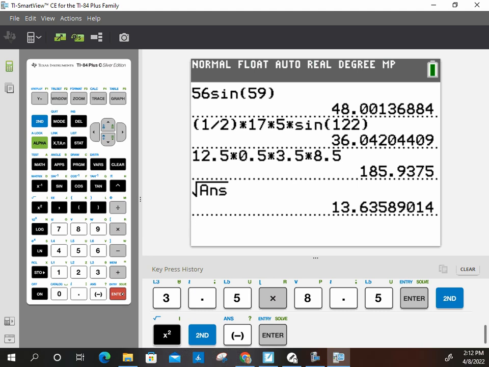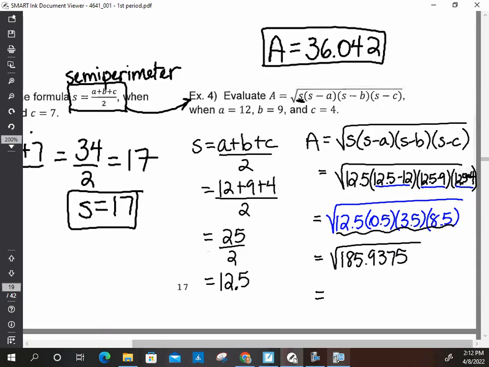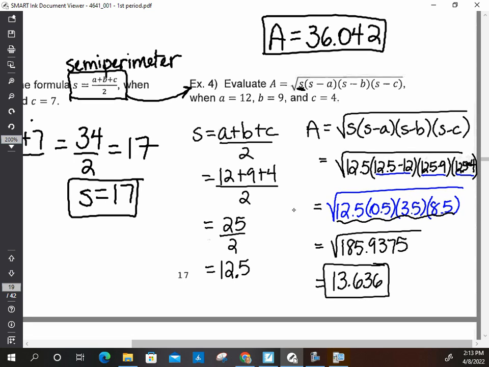So 13.636. So once again, keep in mind, I'm rounding everything to 3 decimal places. If the directions ask you for 2 decimal places or 1 decimal place, then you follow what the directions ask you for. Other than that, you should be in good shape.